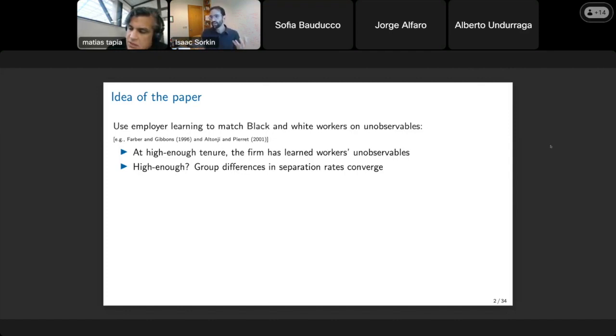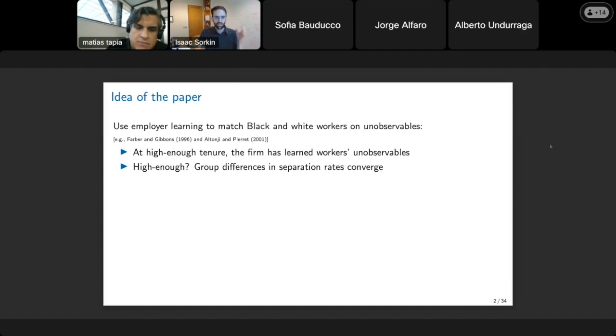The basic idea is that conditional on earnings, there are differences in separation rates between black and white workers. Then you can say, oh, look, that could be because of differences in unobservables. It's going to turn out that at high enough tenure, these gaps have closed. The idea is that you selected out the workers such that the only workers who are left have the same unobservables, and thus you have the same levels of separation rates. But I'll show you this empirically, and I'll show you this in a model, and it will be clear.